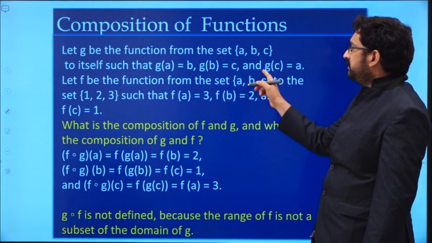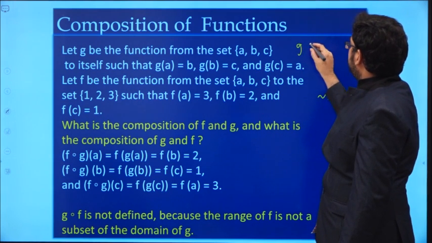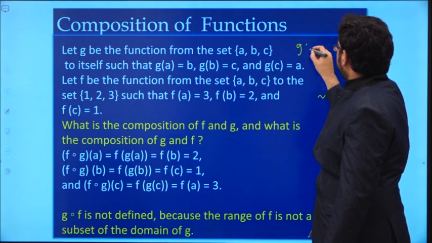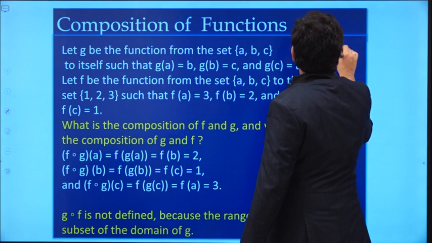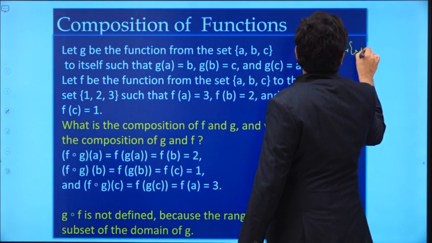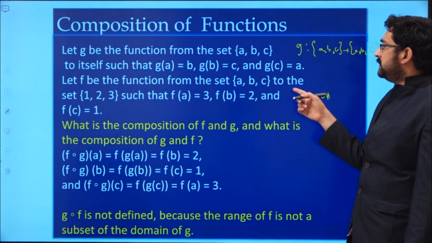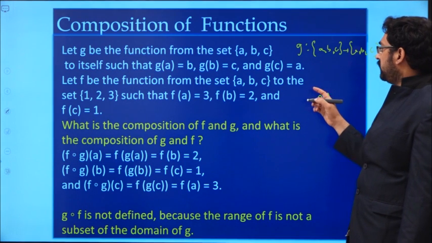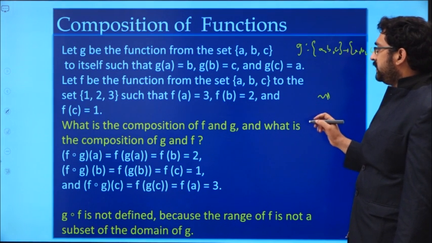G is a function from {a, b, c} to {a, b, c}, such that g of a equals b, g of b equals c, and g of c equals a. Similarly, f is a function from {a, b, c} to {1, 2, 3}.